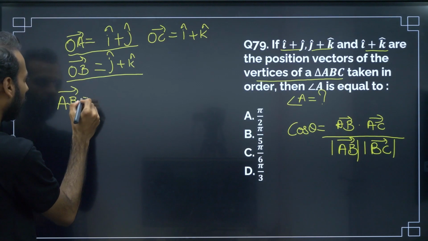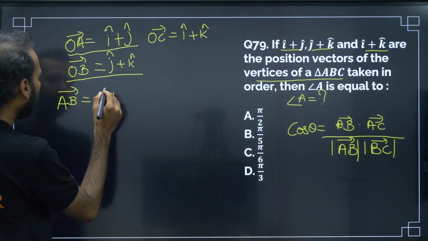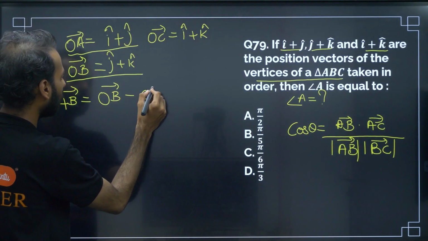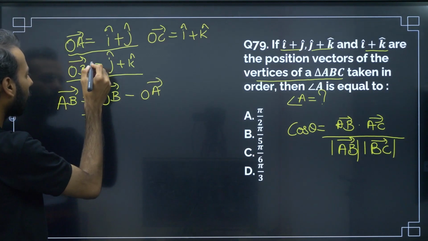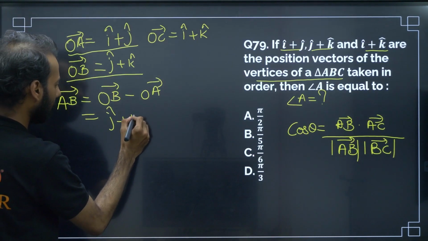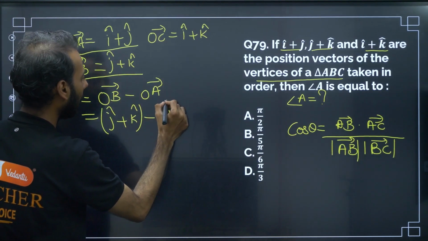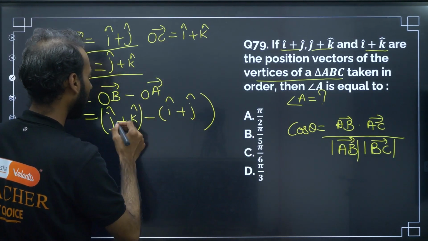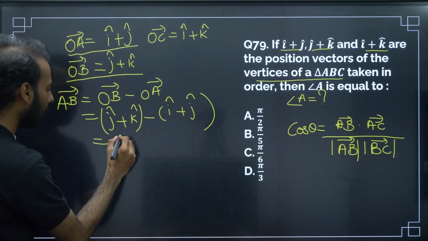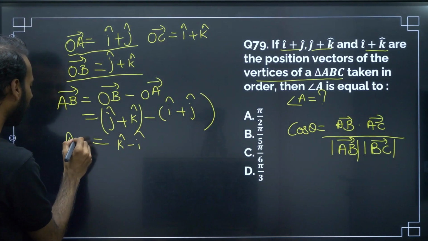AB vector is equal to OB vector minus OA vector. What is OB vector? OB vector is j cap plus k cap minus OA vector. OA vector is i cap plus j cap. So if I am subtracting, I am left with k cap minus i cap. This is AB vector.